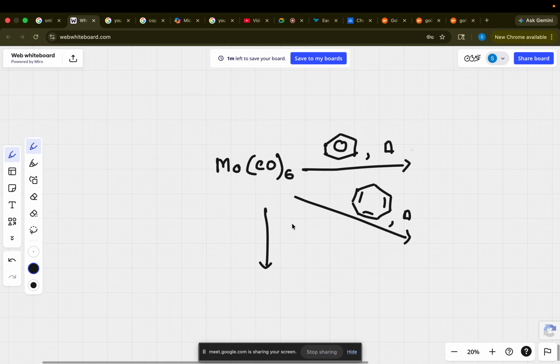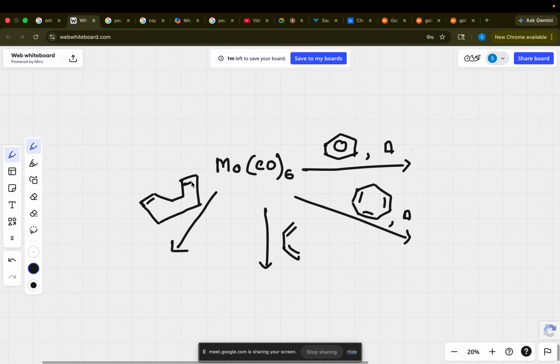Now on this side you have this ligand 1 2 3 4 5 6 7 8. This is your cyclooctadiene.